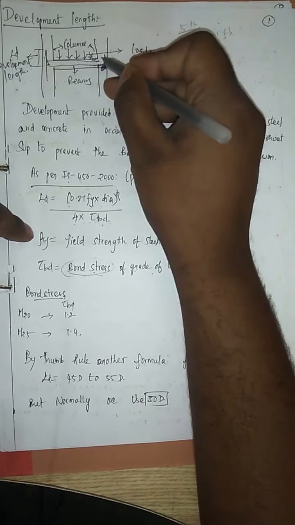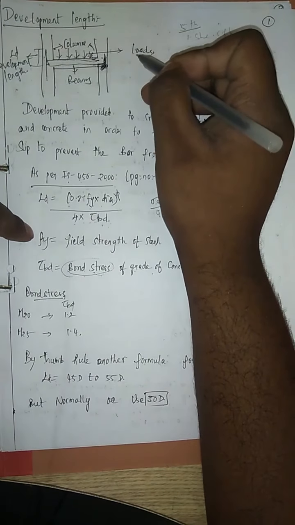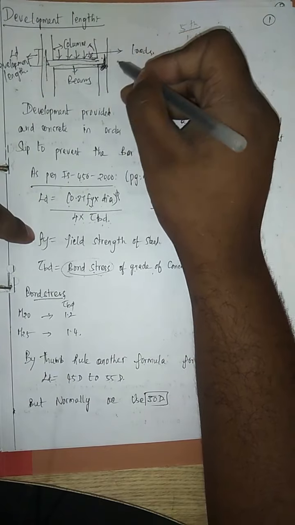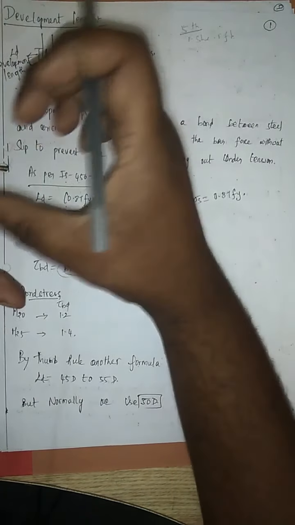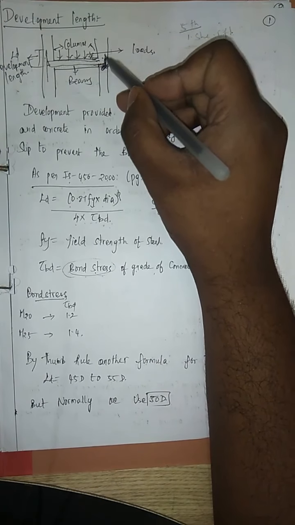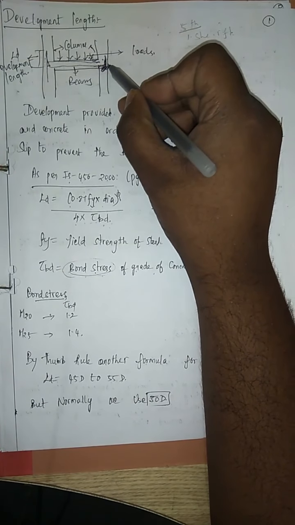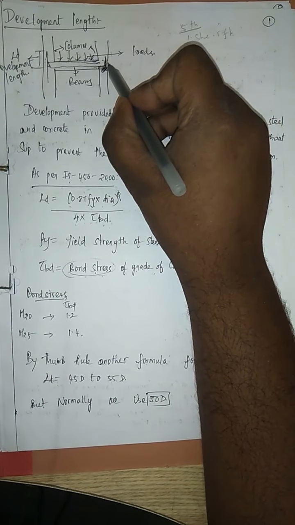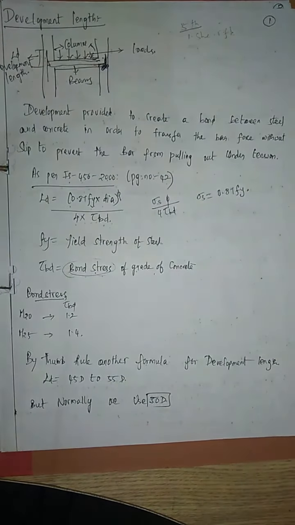If there is no stress between steel and concrete, the concrete may slip and there will be no bond. So to have that bond, there should be stress between steel and concrete. That stress is called bond stress.